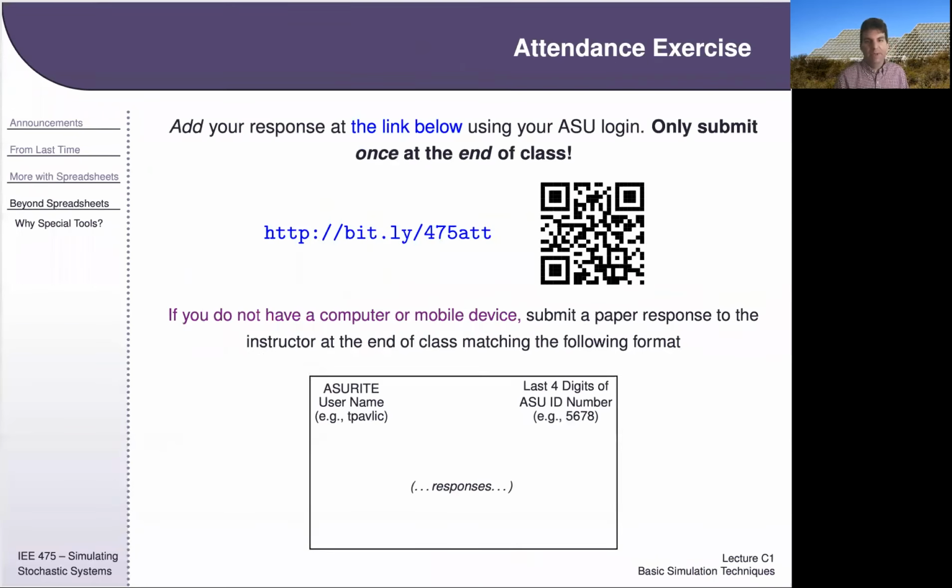So I'm happy to take a couple of questions, but let me give you the last attendance exercise for today. Again, I'll put the link in the chat, and that attendance exercise is: explain to me where does the term Monte Carlo come from?